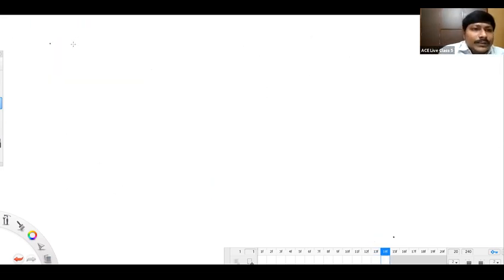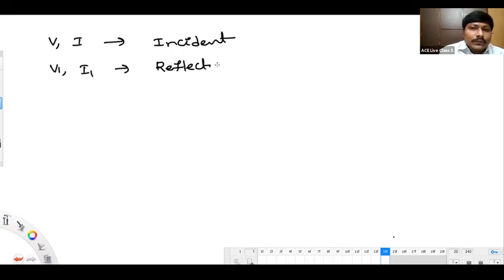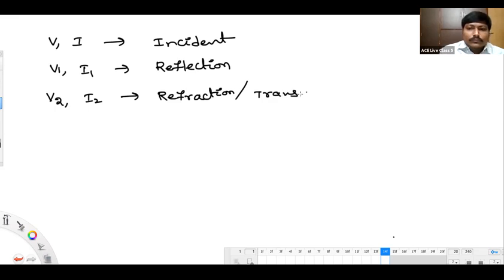In the general notation, V comma I will be named incident, V1, I1 reflection, and V2, I2 are going to be called refraction, or you can say transmission.